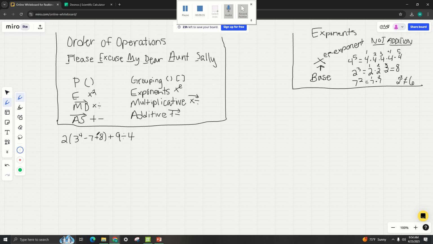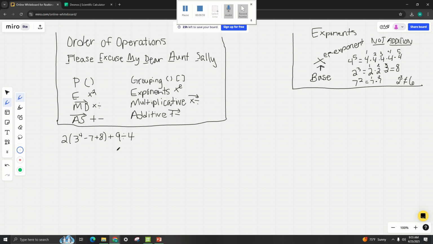So inside of my parentheses here, I have to think, okay, I have to find my exponents. I have to do any multiplication, division in order from left to right. Then I have to do addition, subtraction in order from left to right. And that can be kind of difficult when you're first learning order of operations, right? And you have to do parentheses, do it all in here, and then you have to do the order of operations for the rest of your expression outside of the parentheses.